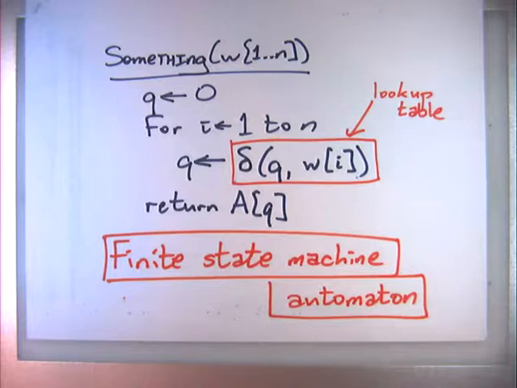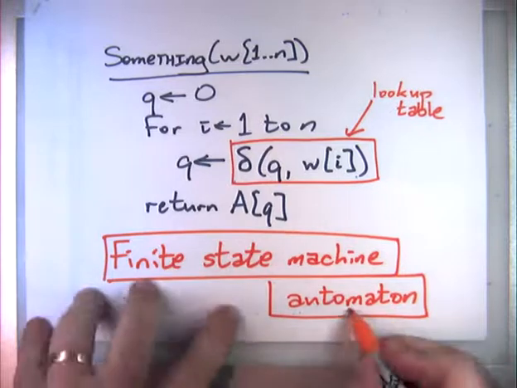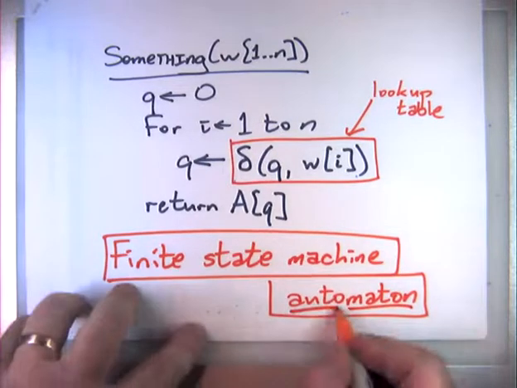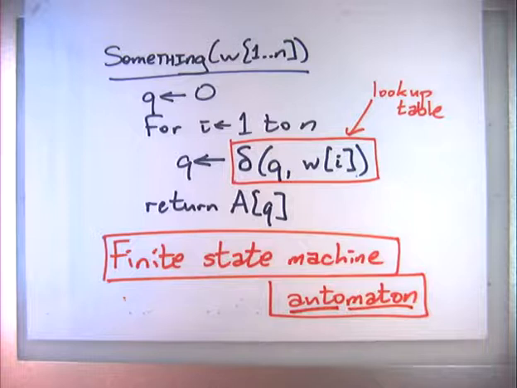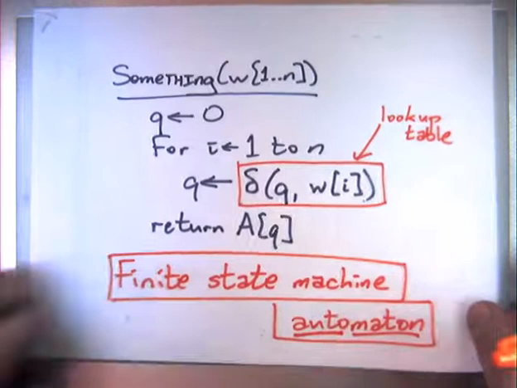Right, so an automaton is a device that acts on its own, from the Greek roots. So automatic means something that happens on its own, as if by an automaton. Okay?